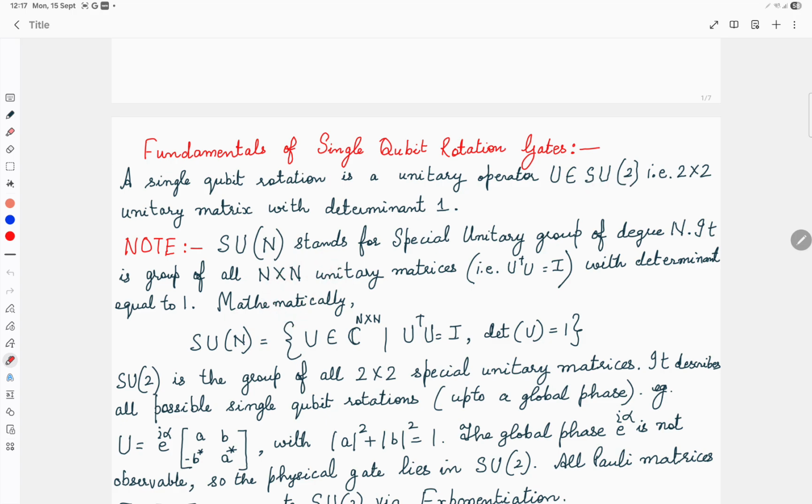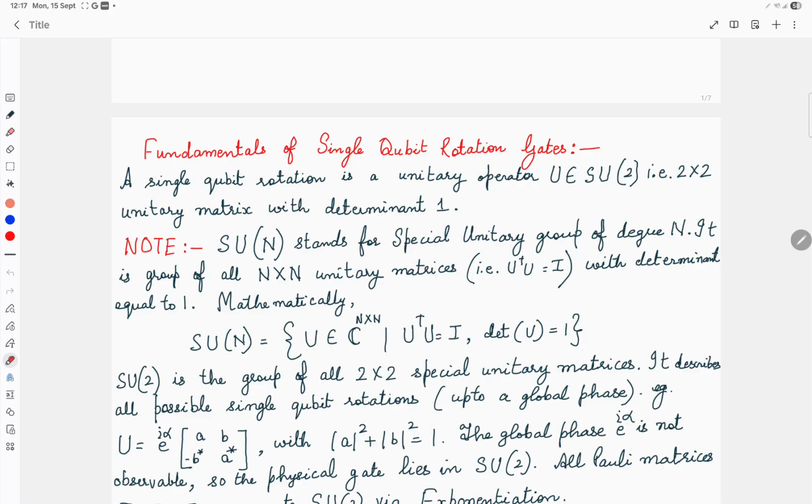But in the note I am putting up a general case where I am taking the group with capital N as the parameter. So this special unitary group will consist of all the unitary matrices of size n cross n.